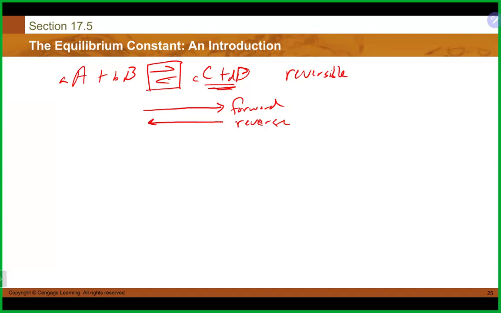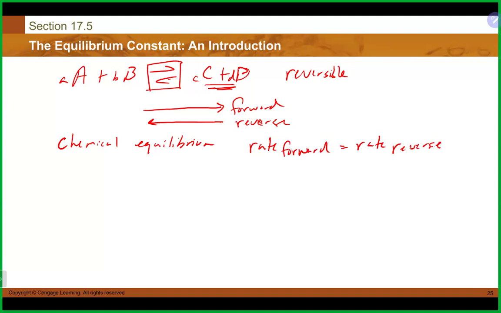And this process will continue to go until they reach what's known as chemical equilibrium. Chemical equilibrium is the point where the rate of the forward direction will exactly equal the rate of the reverse direction.